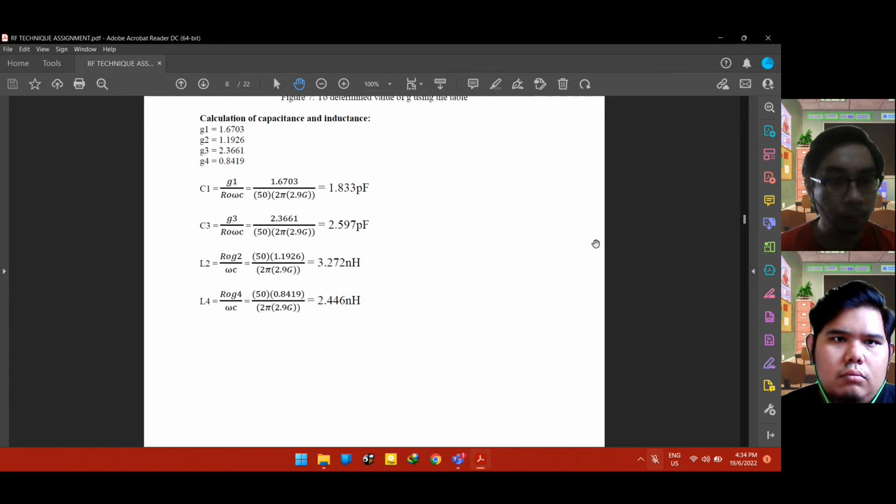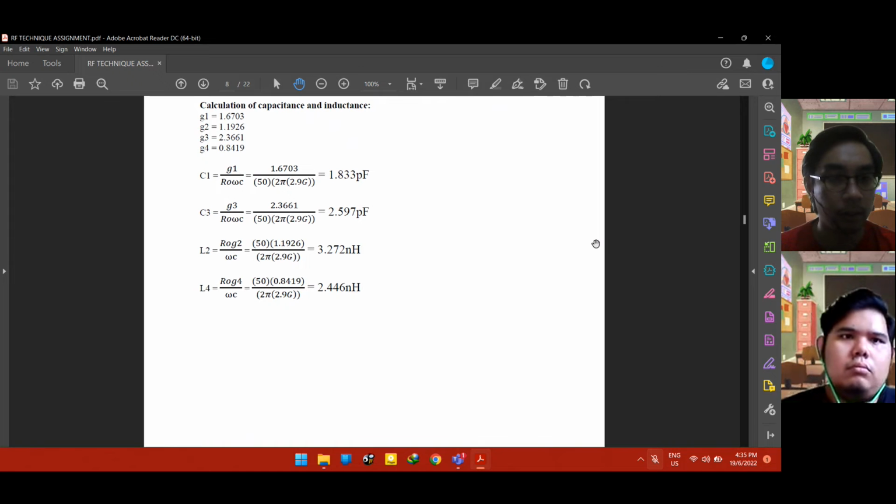and then after we get the G values, we need to calculate the capacitor and inductor. So by using this formula, G1 divided by R0 impedance, followed by omega c.